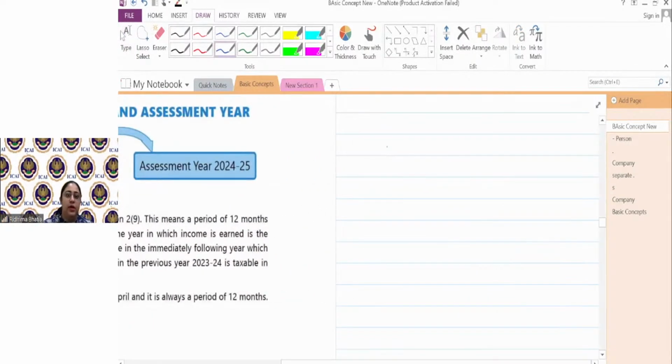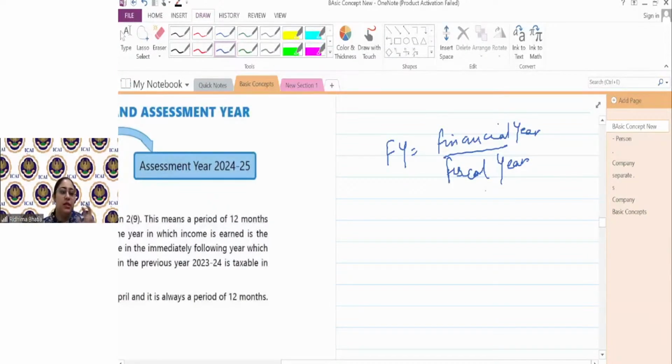a term, FY, financial year, or many people say it in fancy English as fiscal year. What does it mean? These are same, financial year or fiscal year. So every country has a 12-month period in which they produce or in which they do the reporting of the books of accounts.